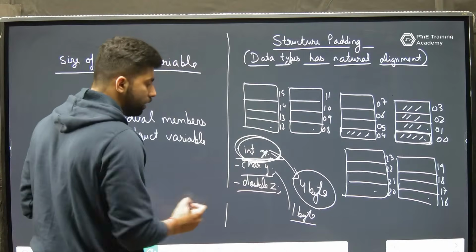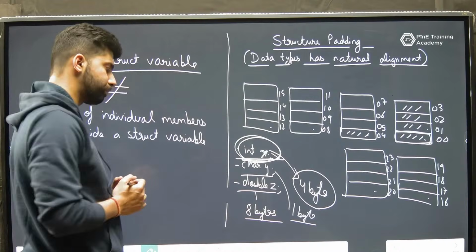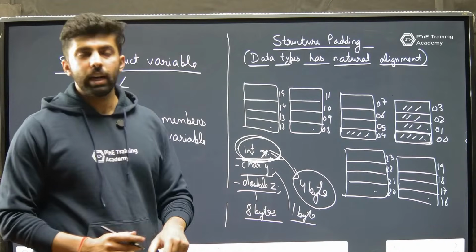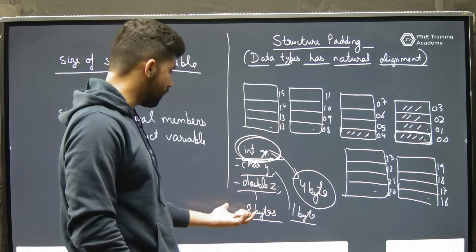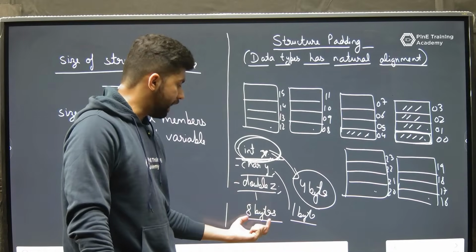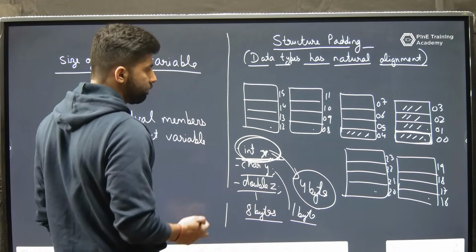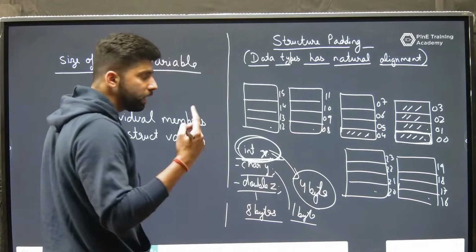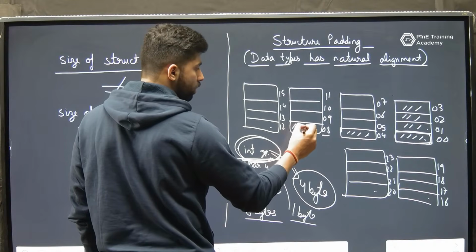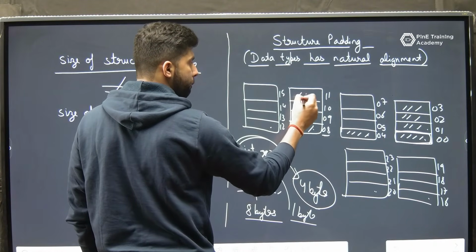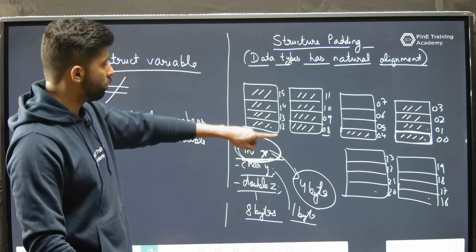Next, we have double. Double takes 8 bytes. Since double takes 8 bytes, it will be stored at a memory address which is a multiple of 8. After 4, the multiple of 8 is this 8. That means double will be stored here, and these 8 bytes.